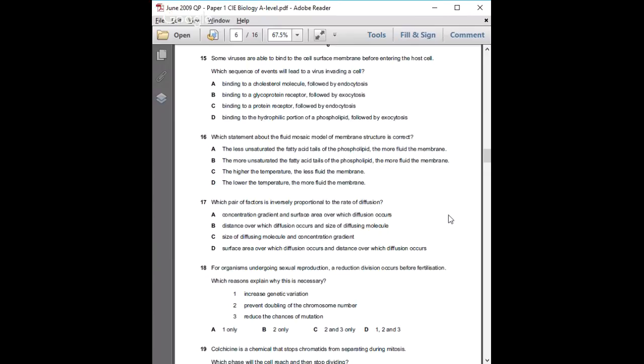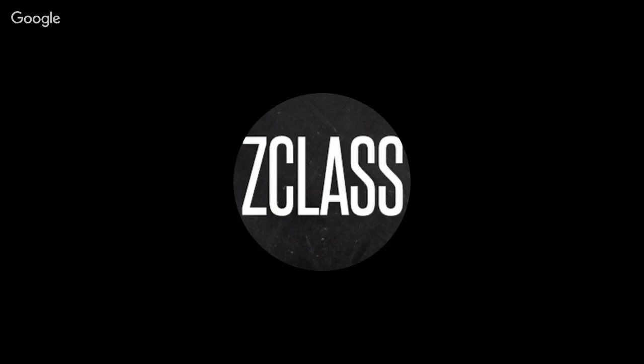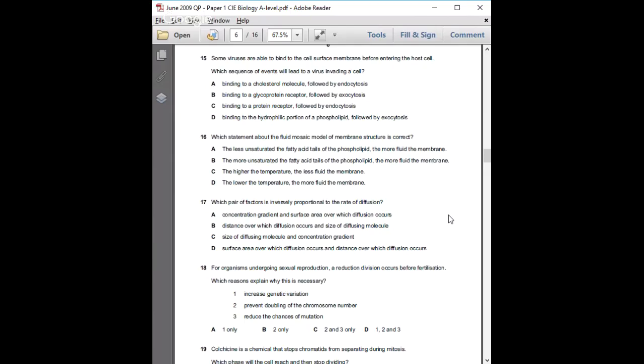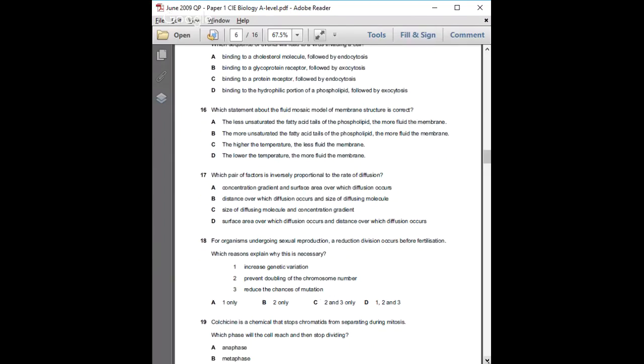Good. So as distance increases, rate of diffusion decreases, and as the size of whatever's diffusing increases, the rate decreases. Perfect. Next question.